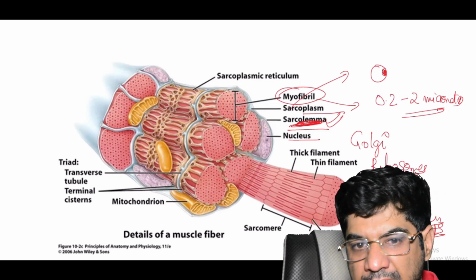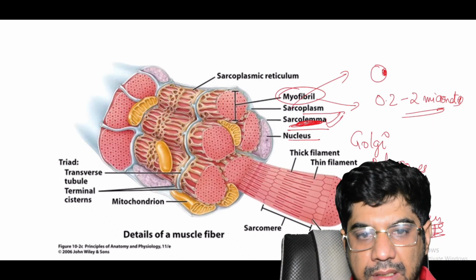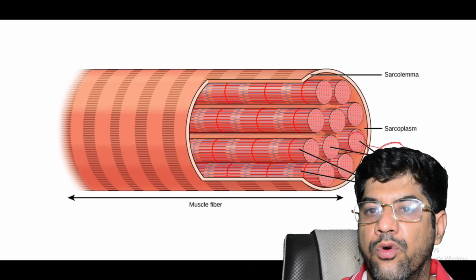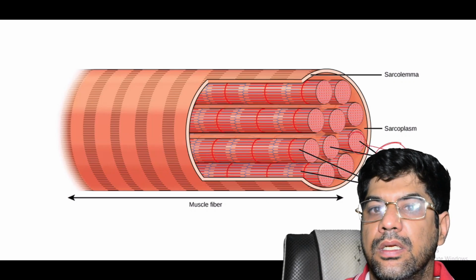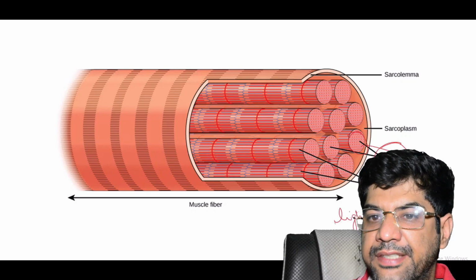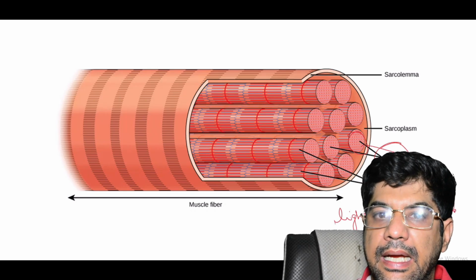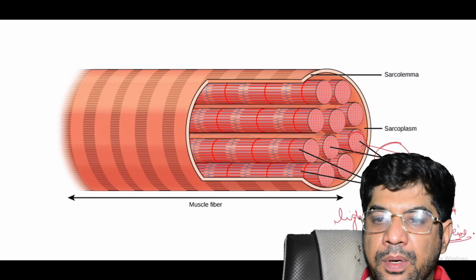So what are myofibrils? Remember, they are fine parallel filaments that are present in the sarcoplasm of the cell. Now let us discuss the structure of the myofibrils. So these are the myofibrils. They contain alternating light and dark bands that are formed by muscle protein.